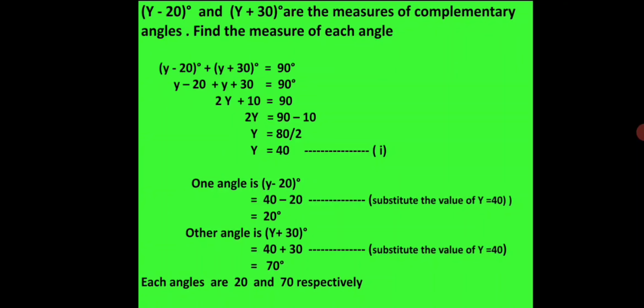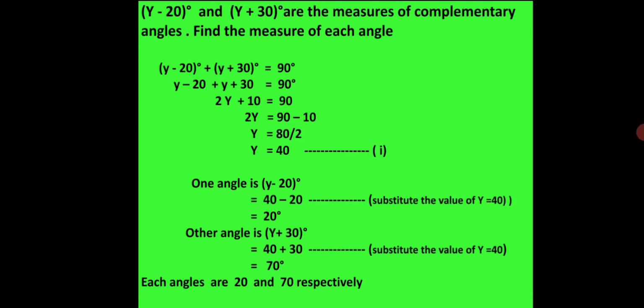Now the other angle, y plus 30 degrees. Again I substituted the value of y, 40. So 40 plus 30 gives 70 degrees. It means the angles are 20 and 70 degrees respectively.